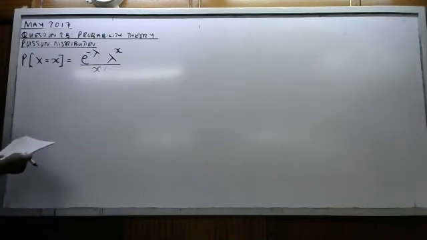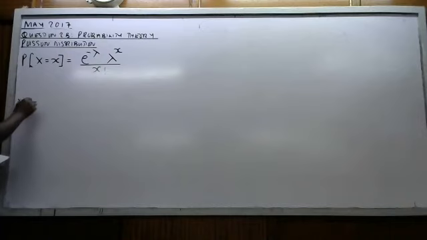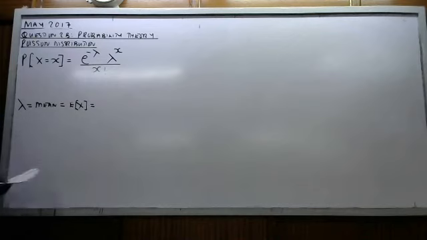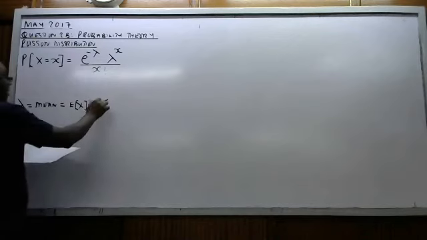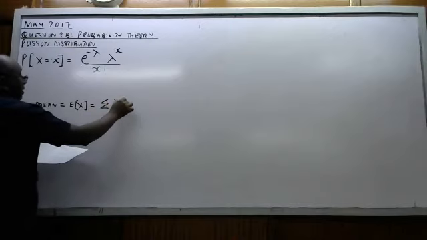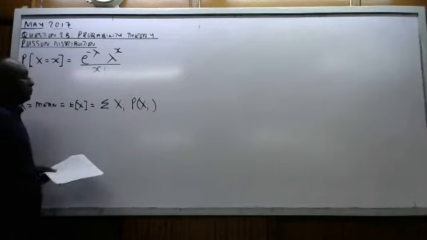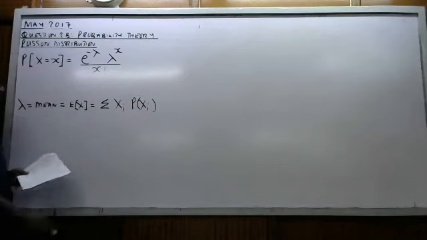Remember, this represents the mean, and the mean is what we call x bar. I told you this one is given as the sum of the xi's multiplied by the probability of xi.